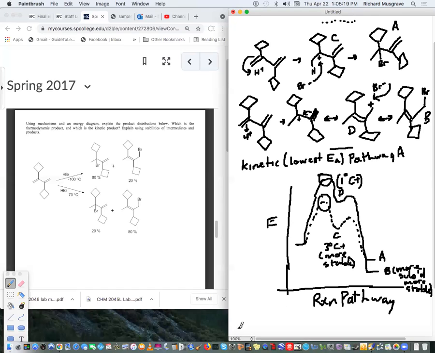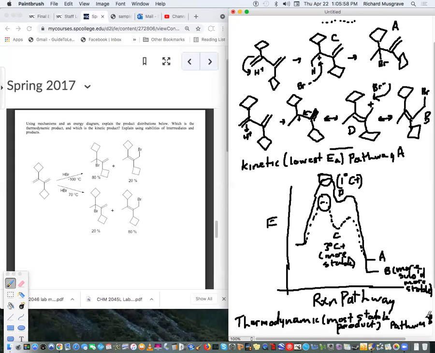And then for the thermodynamic, it's about the most stable product, which is B. And that's pathway B.